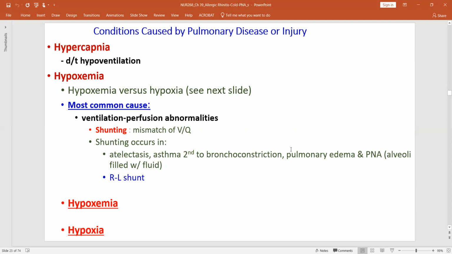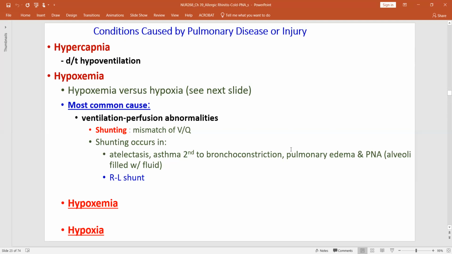Hypoxemia versus hypoxia. The most common cause is shunting, which is a mismatch of the VQ ratio, the ventilation perfusion ratio. V is ventilation, Q is perfusion.